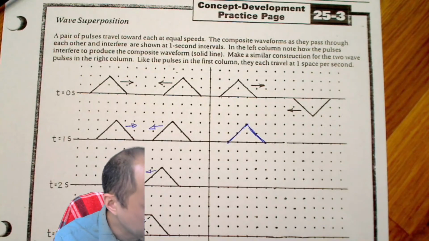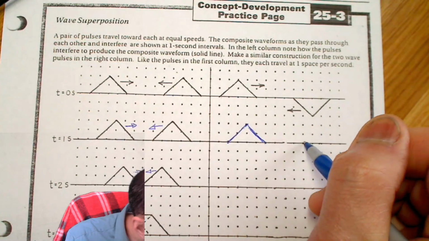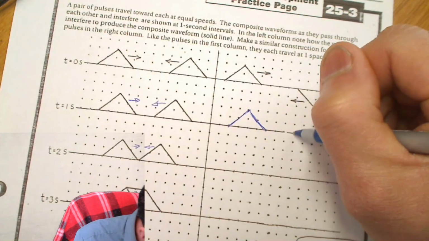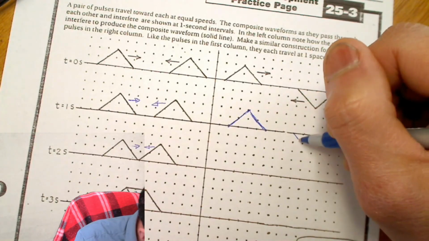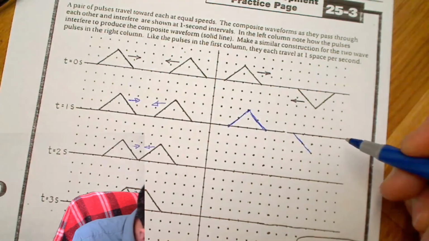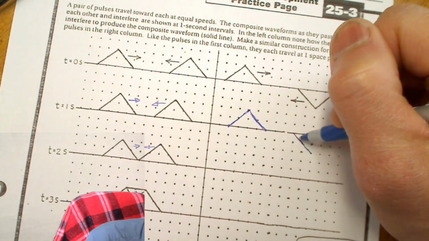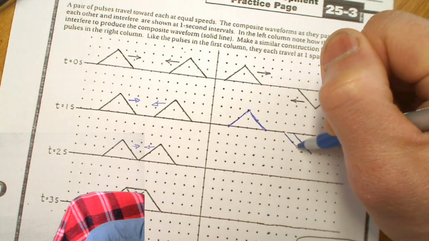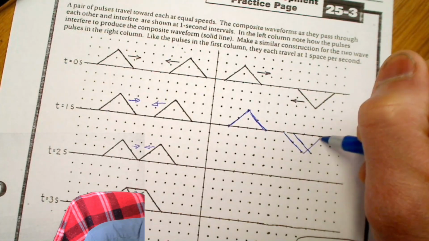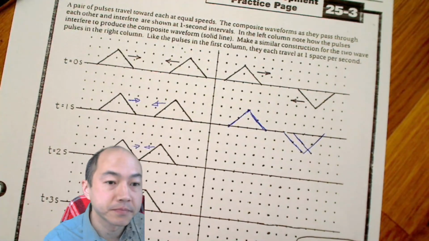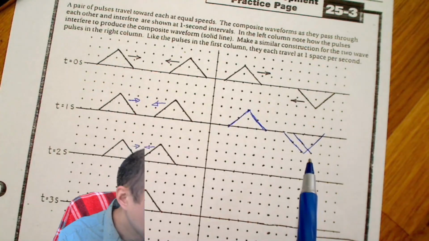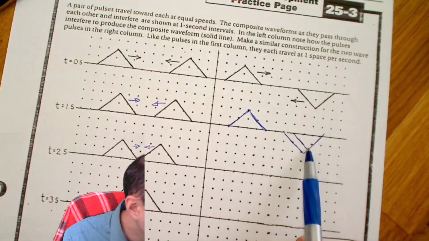So this first wave is going to look like that. This wave is going to be, oh, I didn't do that right. I'm sorry. Make sure I line that up, right?